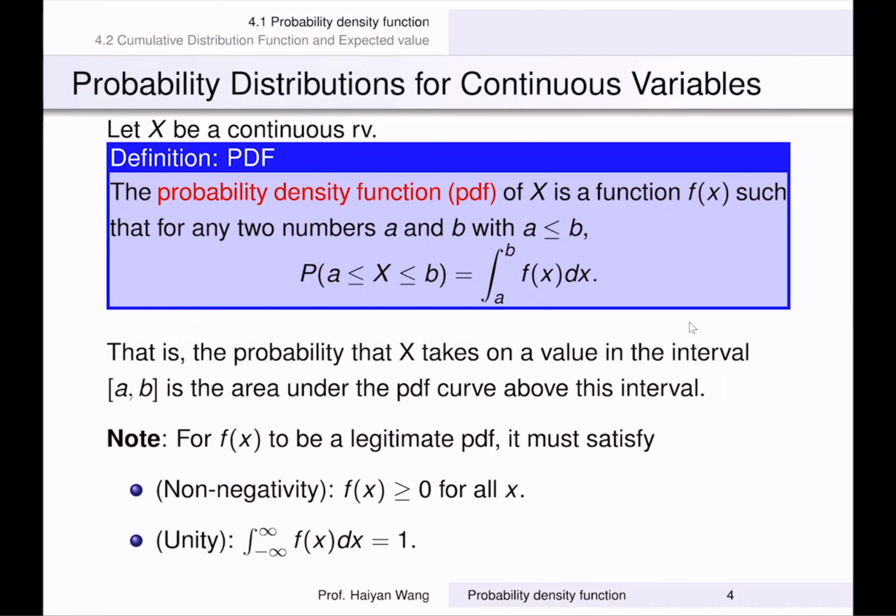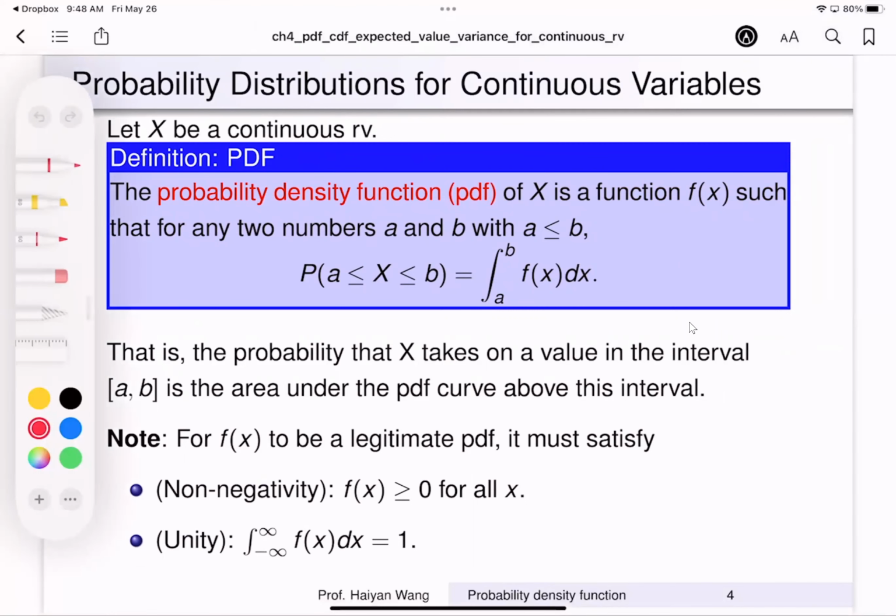So basically, imagine if you have the f(x), this f has to be greater or equal to 0, f(x) ≥ 0, and then there is a probability, and this probability is given under the curve, between A and B and above the axis. So this part gives the probability for x between A and B. The curve here is the f(x), and that's the probability density function.